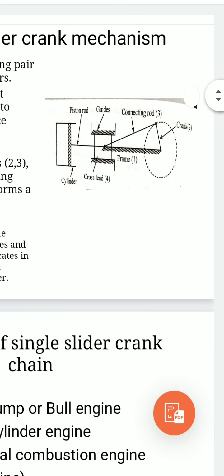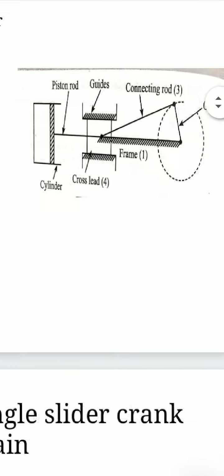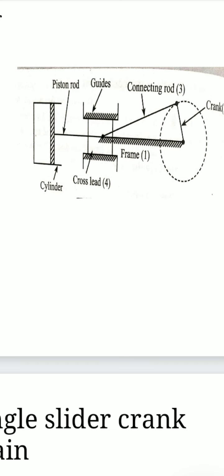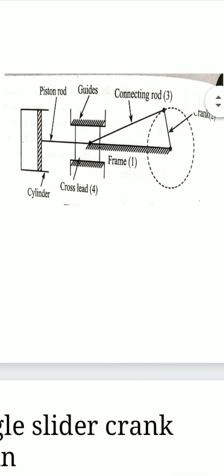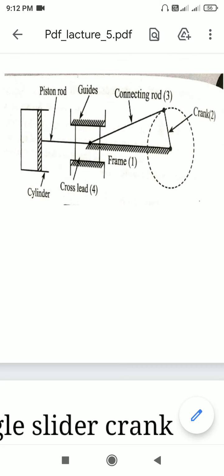As you can see in the sketch, it consists of 3 turning pairs and 1 sliding pair. If you observe this figure, the crank and connecting rod, link 2 and link 3, form a turning pair. Link 3, the connecting rod, and the cross head form 1 turning pair, right?